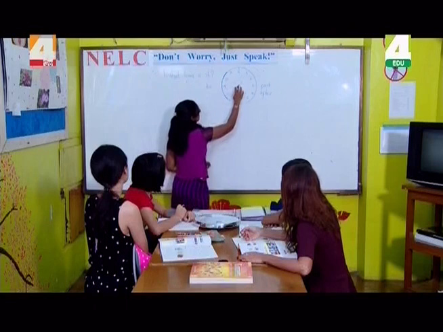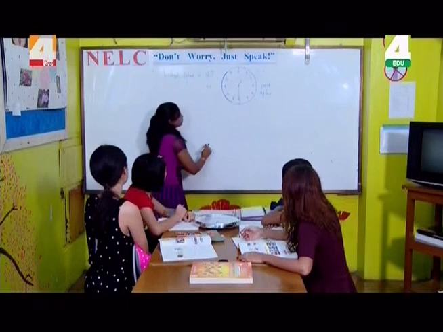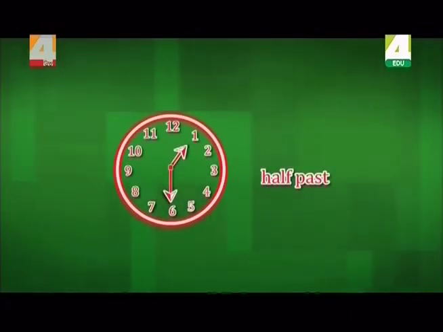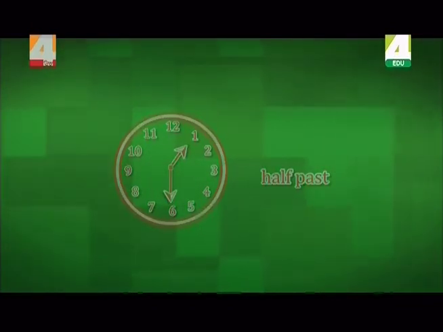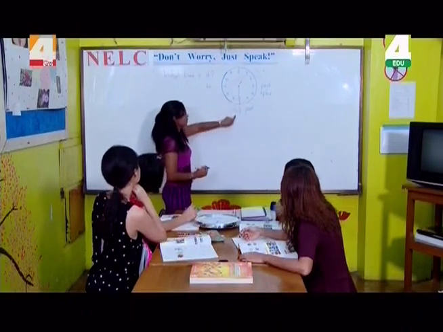So how about like this? What time is it? Half past 1, right? Okay, so in here we call it half past. The minute stick is at 6, so half past.